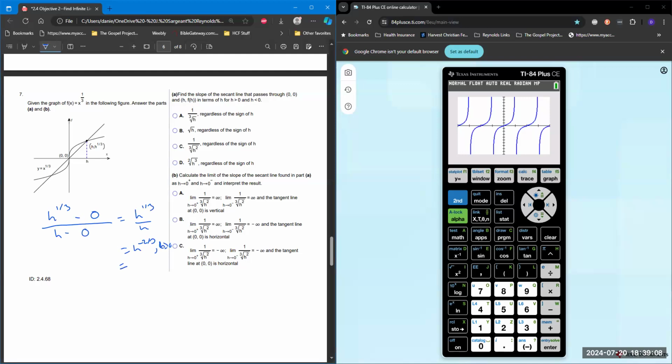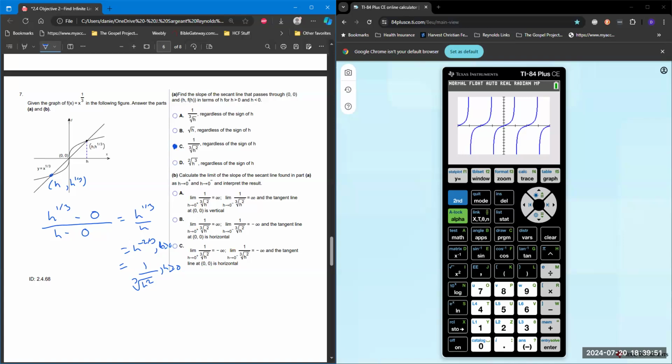So that is the same thing as 1 over the cube root of h squared. Let's check from the left-hand side now. If h is less than 0, we're going to get the same thing. So that's regardless. So that's C.